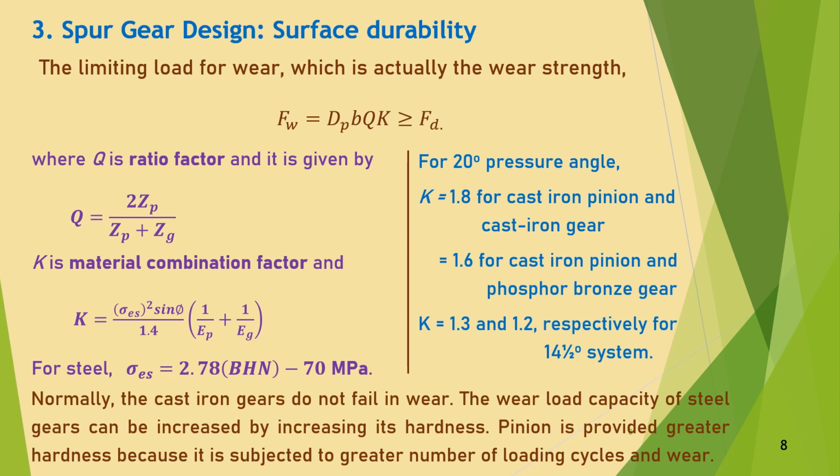The value of K is 1.3 and 1.2 respectively for 14.5 degree system. Normally, the cast iron gears do not fail in wear. The wear load capacity of steel gears can be increased by increasing its hardness. Pinion is provided greater hardness because it is subjected to greater number of loading cycles and wear.